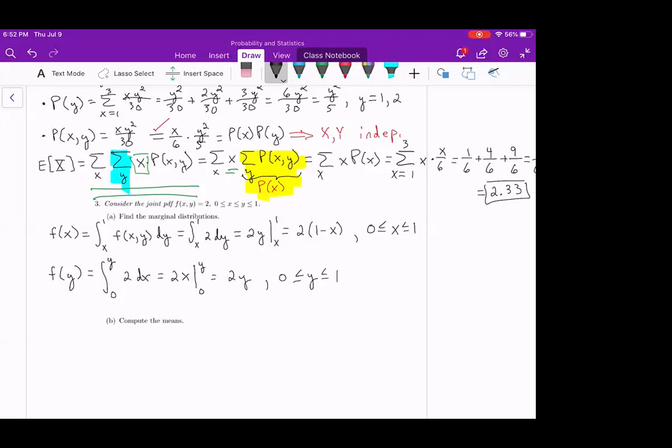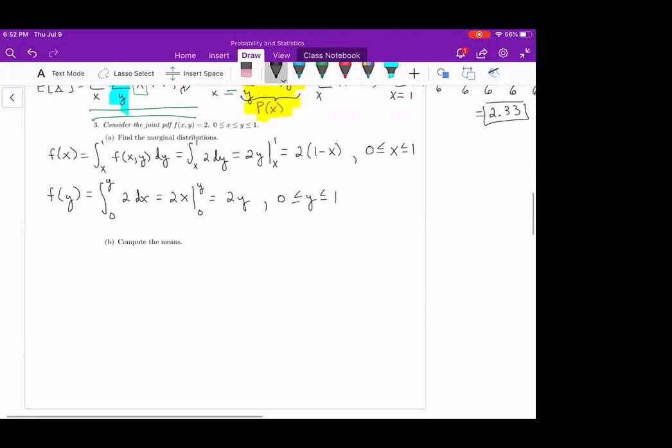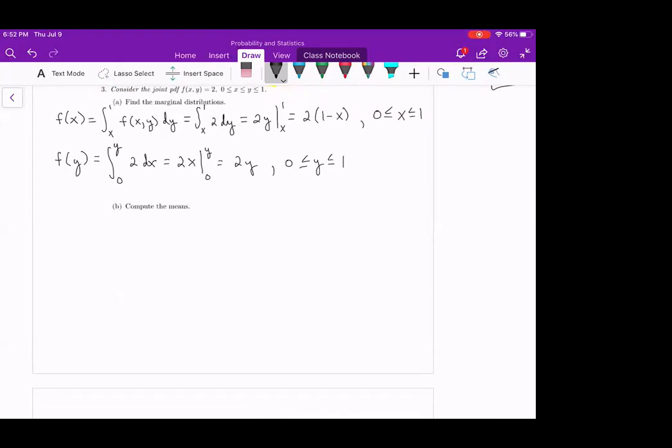For part B, we want to compute the means. So let's get the expected value of x. By definition, this is the double integral of x times the PDF, which is 2.